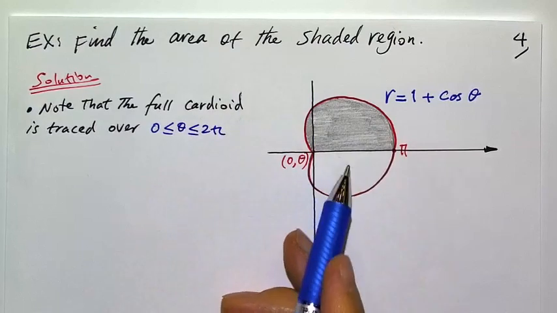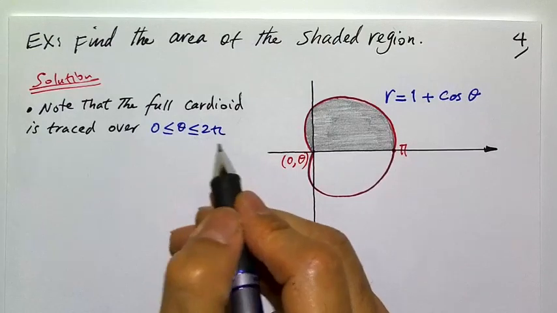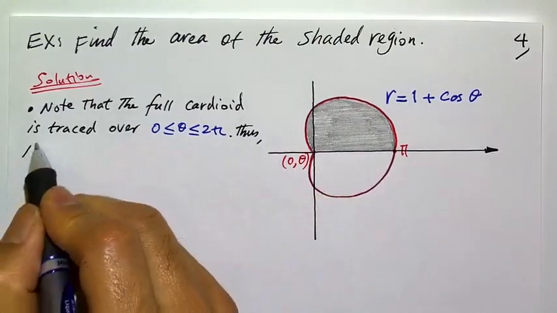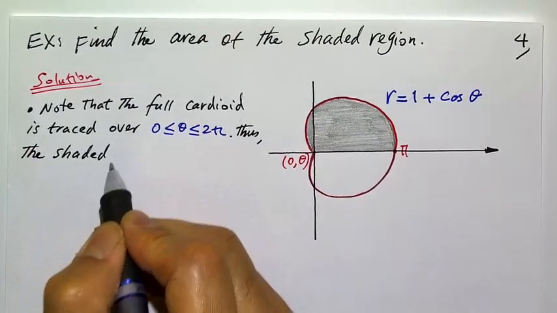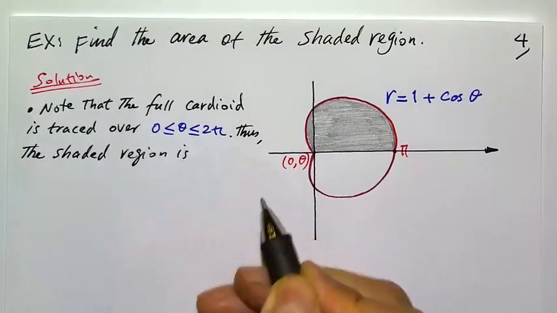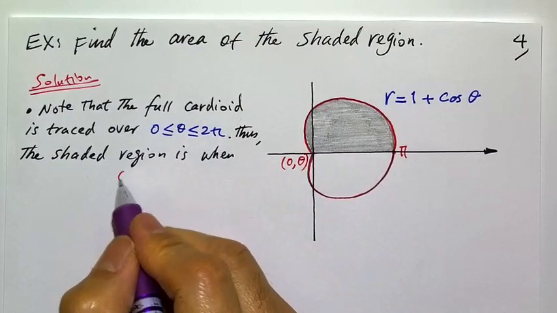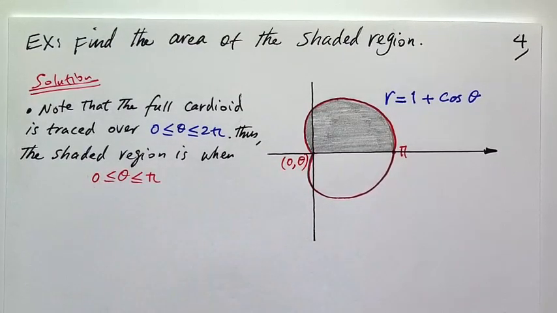Right, but we want half of that, so we're going to go from 0 to pi. Is when theta is ranging from 0 to pi.